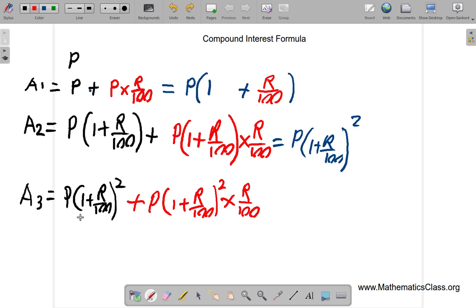So they took the money you have and added the interest, and the interest was the money you had multiplied by the rate over 100.